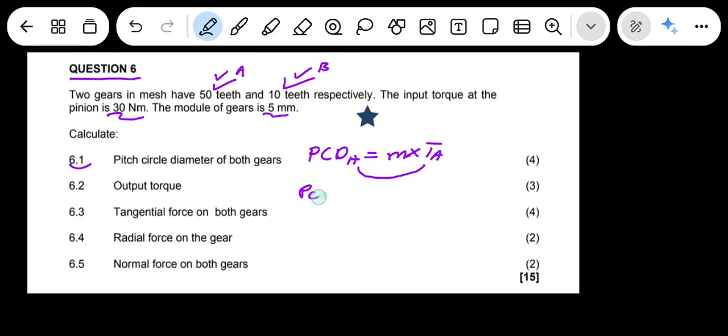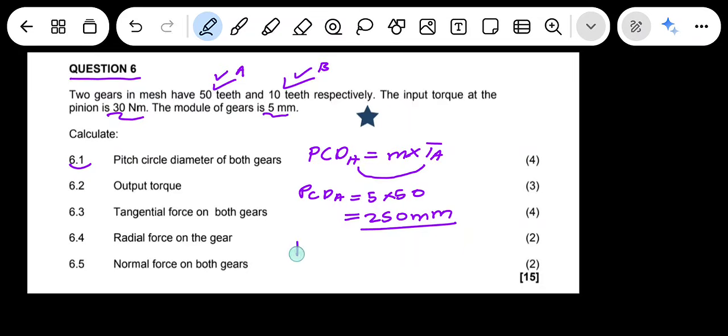We want the PCD of gear A. The module is 5, so 5 multiplied by 50 is 250 millimeter. That is our PCD of gear A.